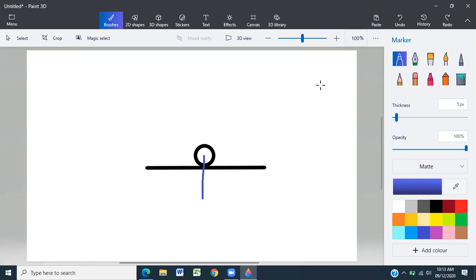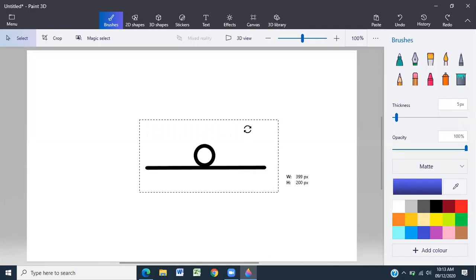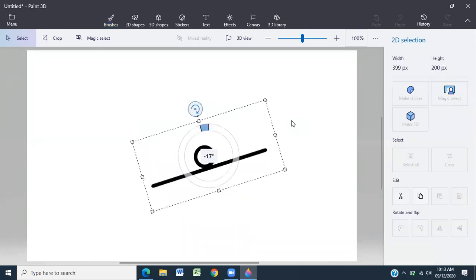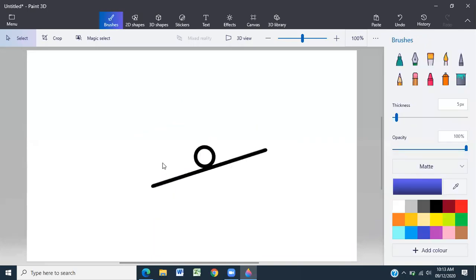Now, if we were to rotate this up a little bit, like this, what would happen to this barrel? It would roll down this way, wouldn't it? Roll down this way. And that's because we now start to introduce a component into our weight. So weight still acts vertically downwards.